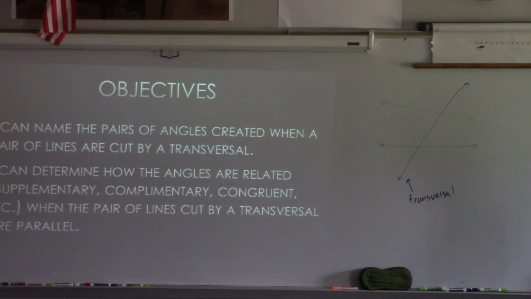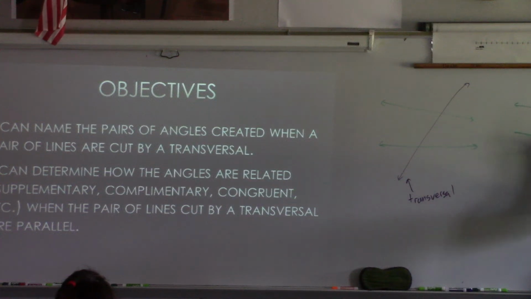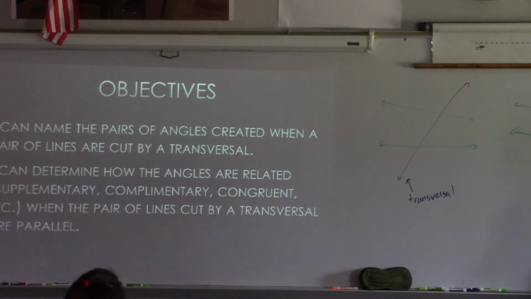Okay, so there are special types of angle relationships that are created when you have that transversal, and if you have parallel lines that are cut by a transversal, those relationships are even more special. Notice those are both about the same, maybe not exact, but when I cut through here, we're going to explore what happens when you have parallel lines cut by a transversal.